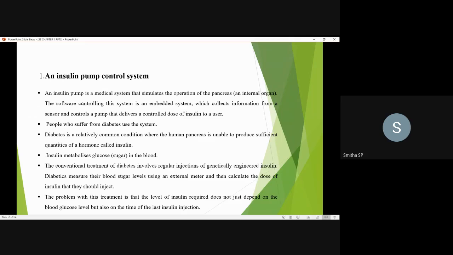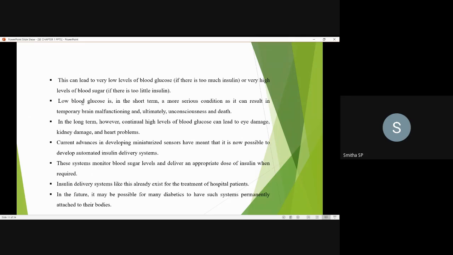But the problem with this kind of treatment is that the level of insulin required does not just depend on the blood glucose level, but also on the time of the last insulin injection. When the last insulin was injected also matters. So this can lead to a very low level of blood glucose or a very high glucose level.